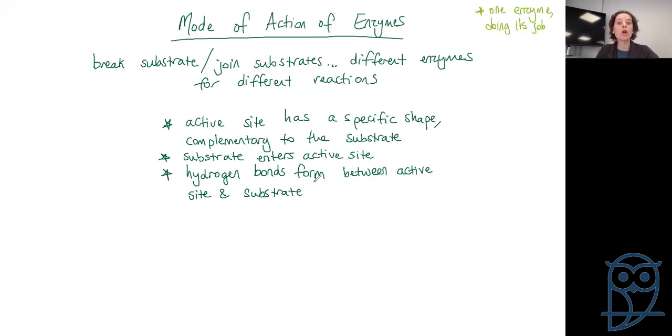This is how we're going to lower the activation energy. If we've got two things that we're joining, those two things can be held close to each other, making that reaction more likely to happen. If it's something to be broken, we're going to stress that bond, and when we stress that bond, we're increasing the likelihood that it's going to break. So we are lowering the activation energy of the reaction.